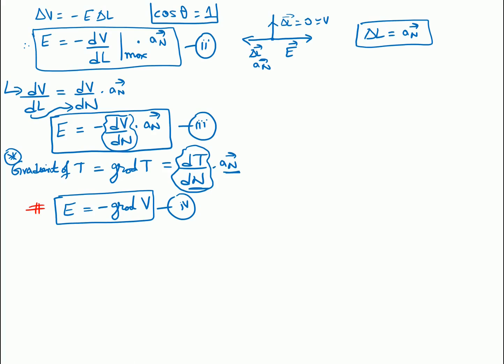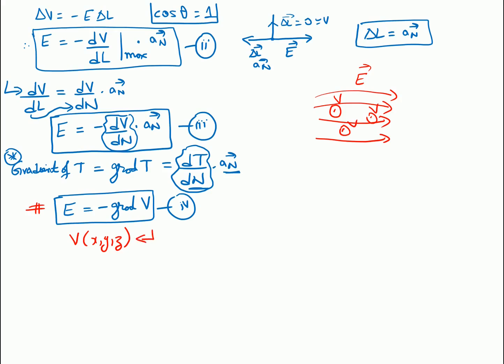I can say that V is basically a function that can vary with respect to coordinate systems. It means that if we have any electric field over here, then the V potential can exist at this point, it can be over here, it can be anywhere. So this is a function of any coordinate system.